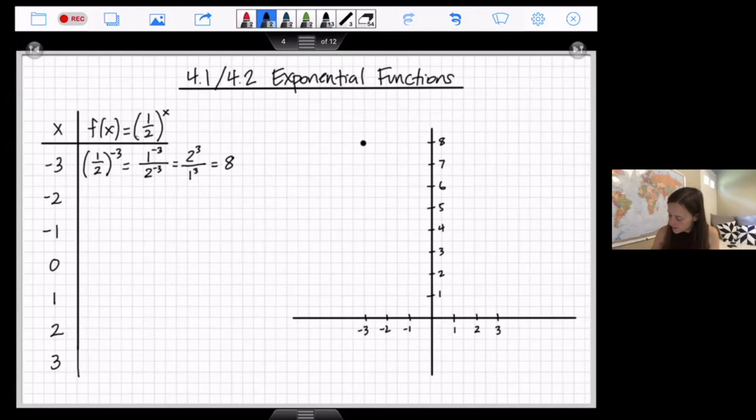This is going to look familiar after a while. So I've got 1/2 to the negative 2. I'm going to distribute: 1 to the negative 2, 2 to the negative 2. They flip sides of the fraction, become 2 to the positive 2, 1 to the positive 2. That gives me 4 over 1. So I've got the point negative 2, comma 4.